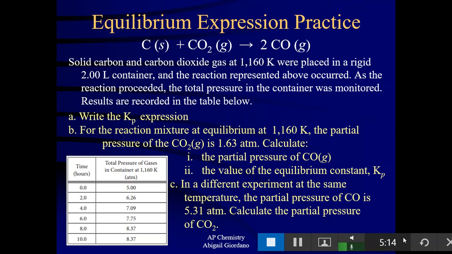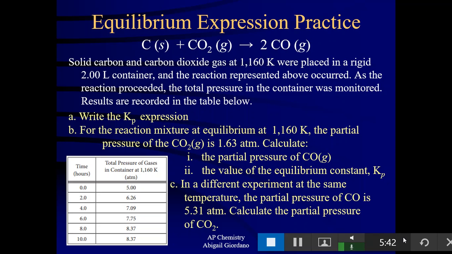So right at the top, I see that we have a balanced equation. It says solid carbon and carbon dioxide gas at 1160 Kelvin were placed in a rigid 2-liter container and the reaction represented above occurred. Okay, fine. As the reaction proceeded, the total pressure in the container was monitored. Results are recorded in the table below. Fine.